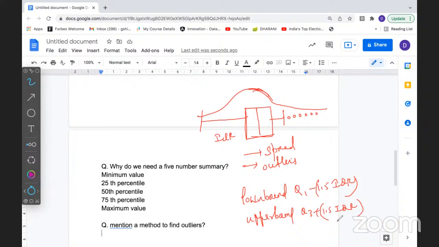Anything which is less than this, or anything which is greater than this, will be displayed as outliers in the form of circles. So the formal way to find outliers is this, but even a histogram gives you a glimpse that there are outliers. This is how the outliers are displayed.